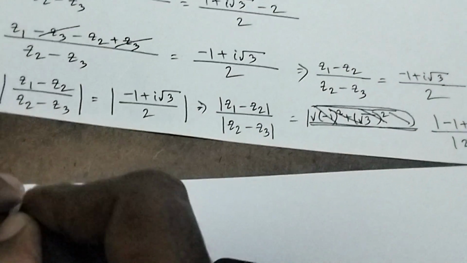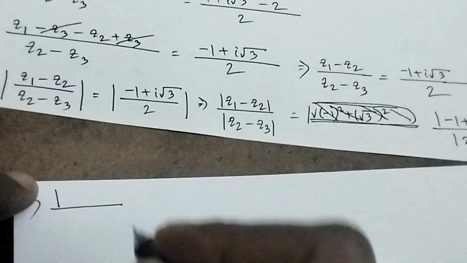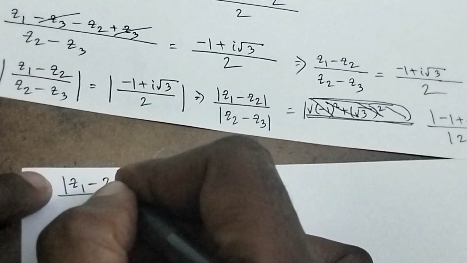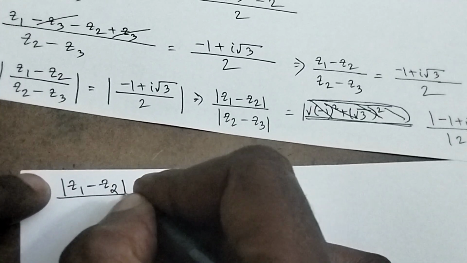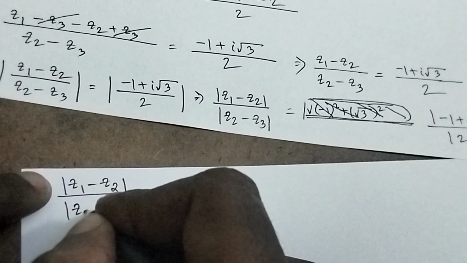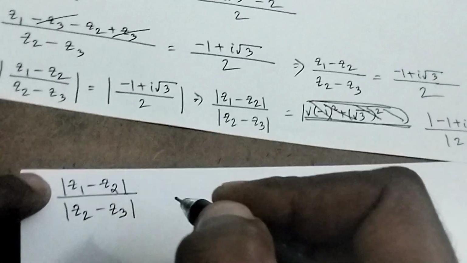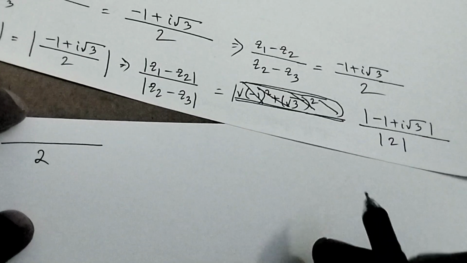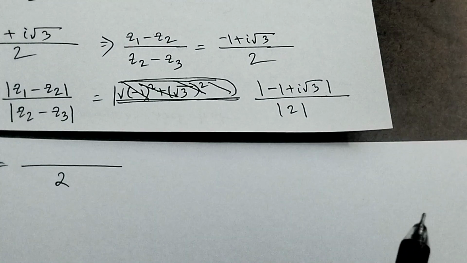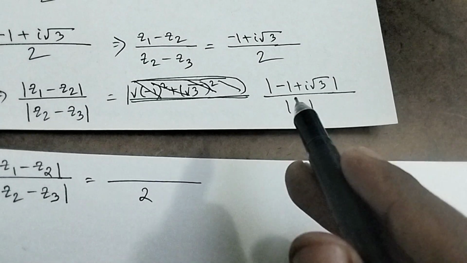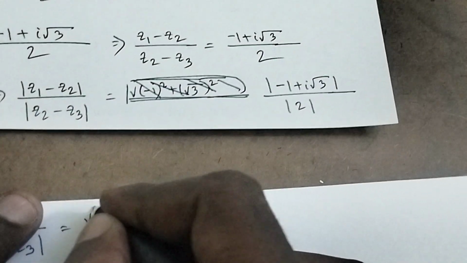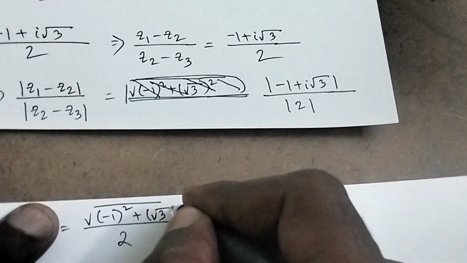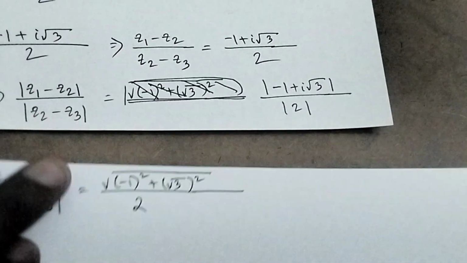Now see again, |z1 - z2| / |z2 - z3|. Mod of 2 will be 2, and here the mod of -1 + i√3 will be under root (-1)² + (√3)².